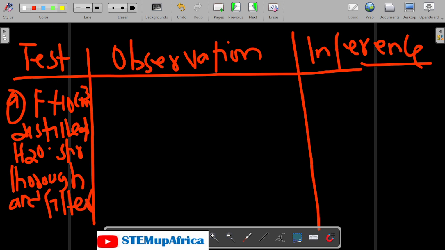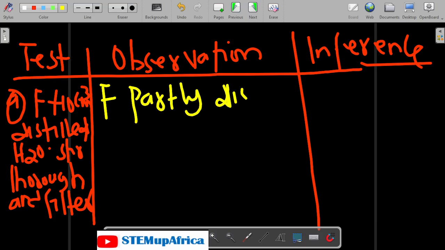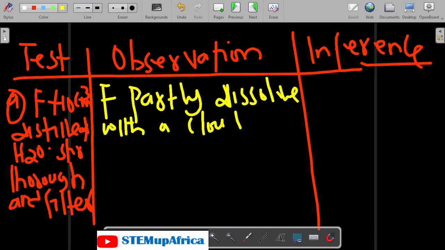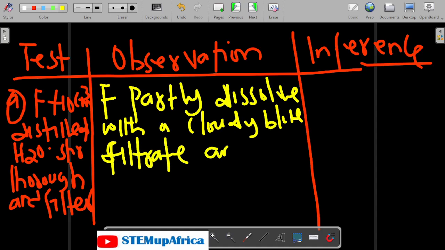So if we carry out this practical, what are we going to have? We're going to see F partly dissolves with a cloudy blue solution, which is the copper blue solution, cloudy blue filtrate, and a white residue, which is the starch.